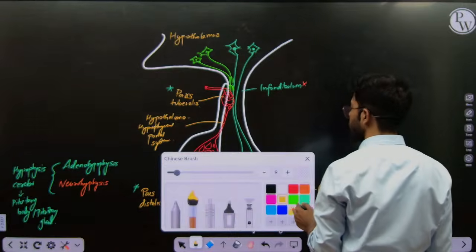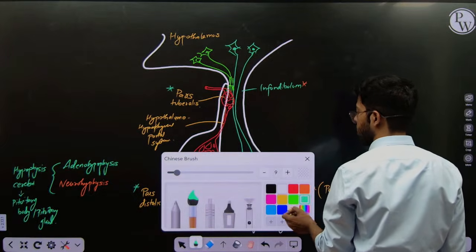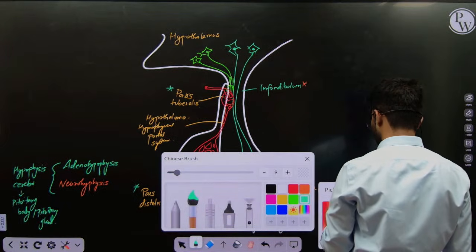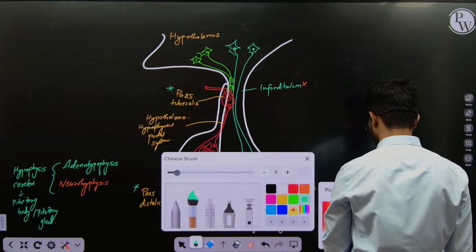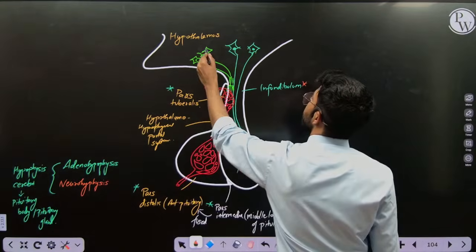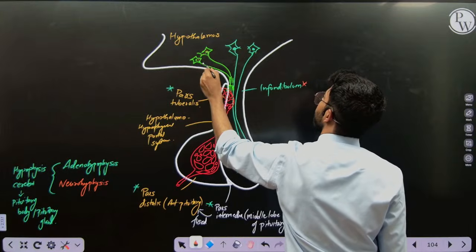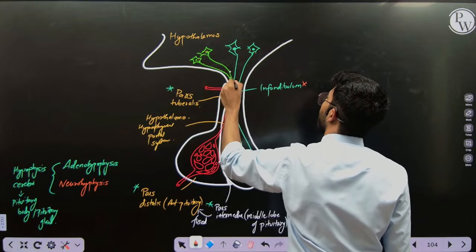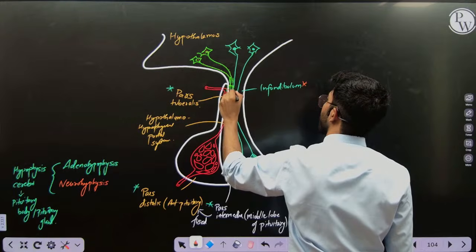Hormones are synthesized in this region, travel along the axon, and are released here.